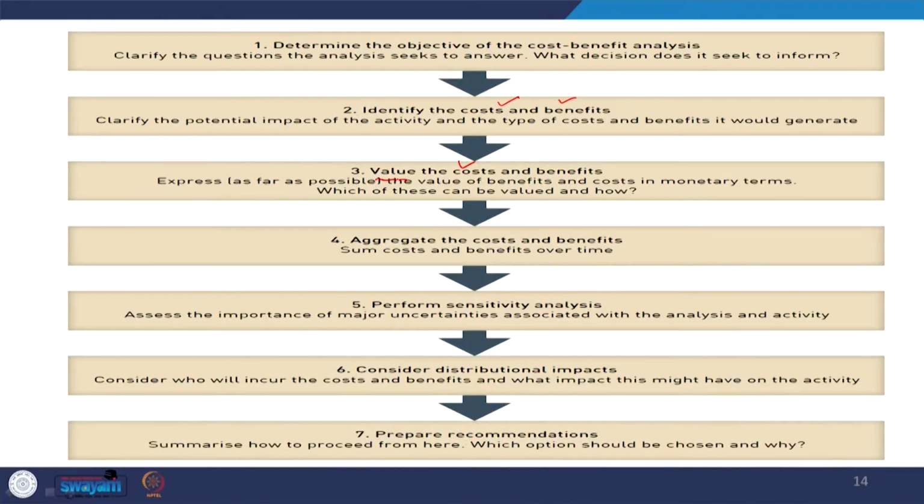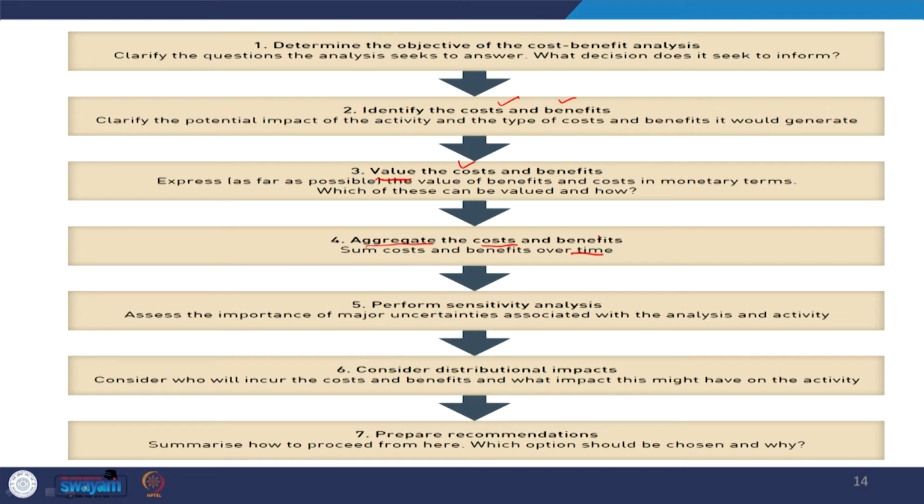And after finding the costs and benefits and converting them into monetary value, what we are doing is aggregating all the costs and all the benefits by taking into account the aggregation principle that we have already discussed.